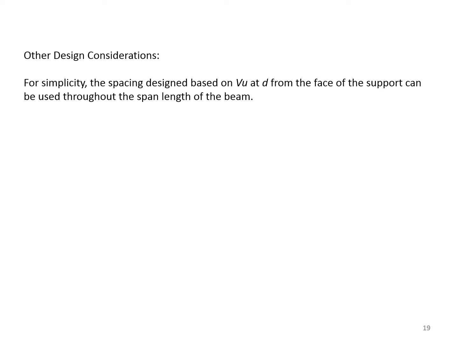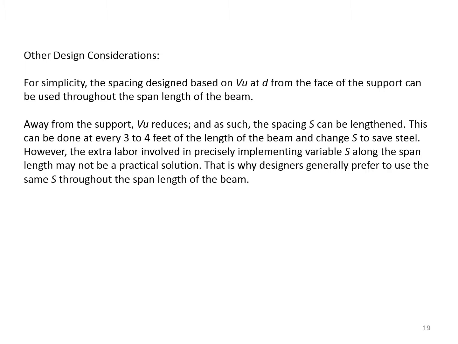Other design considerations. For simplicity, the spacing designed based on the Vu at d from the face of the support can be used throughout the span length of the beam. Away from the support, Vu reduces, and as such the spacing S can be lengthened.